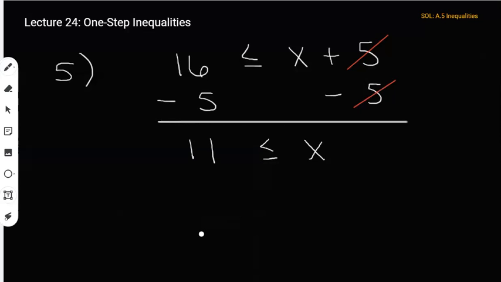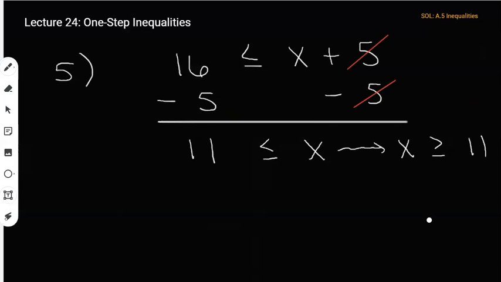Now, what you'll notice is you got the variable on the right side. But if I wanted to flip it and have the variable on the left-hand side, what would I have to do to the inequality symbol? Yep. I would have to flip it around. Well, we're not doing that.